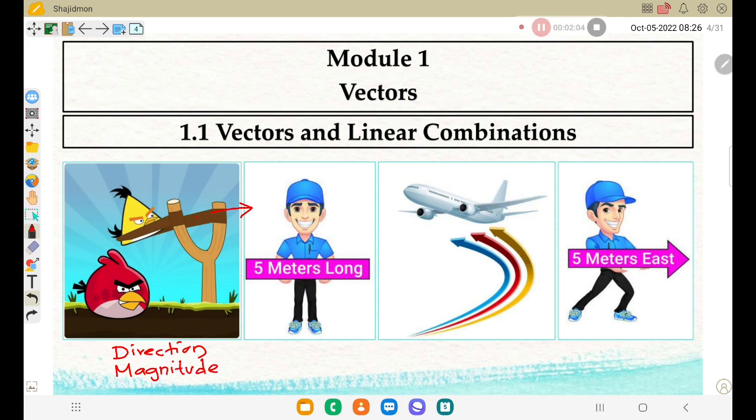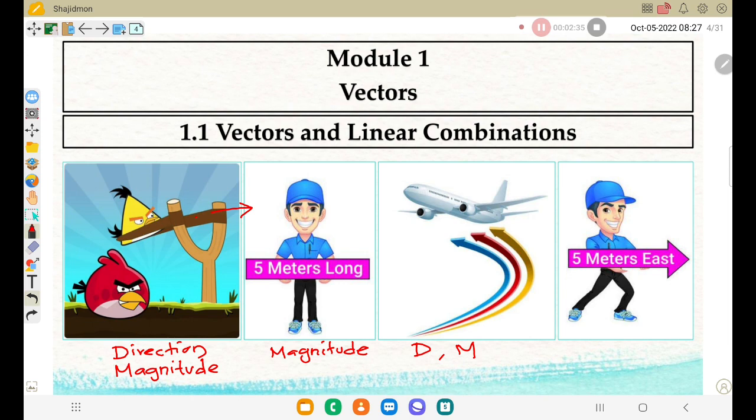Now the second one, you can see the second picture, one person is telling 5 meters long. He is telling about a number, a length. That means he is telling only the magnitude of the quantity, 5 meters long, not the direction. But in the third picture you can see the flight movement, which means both the direction as well as magnitude are important, correct.